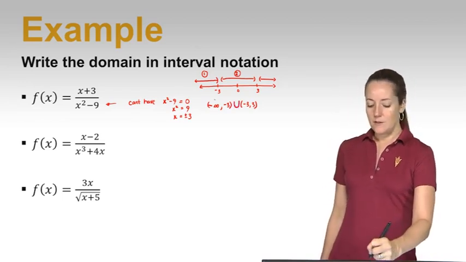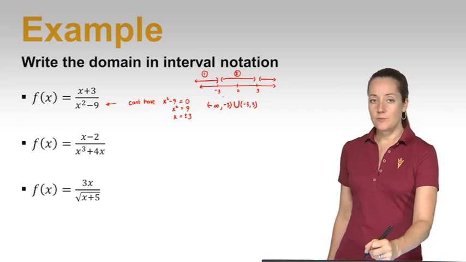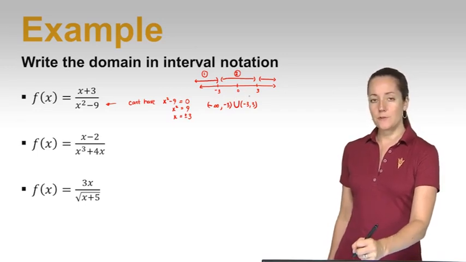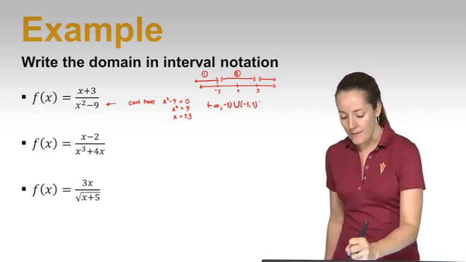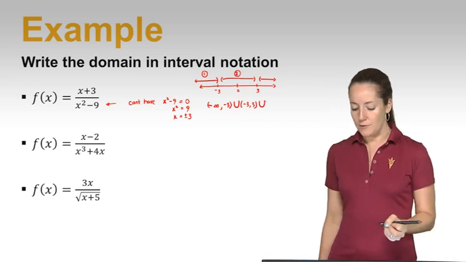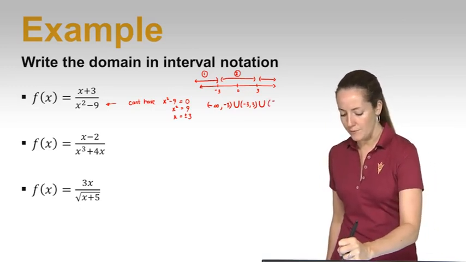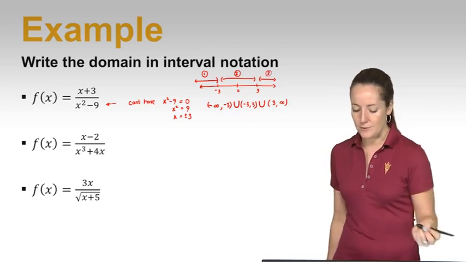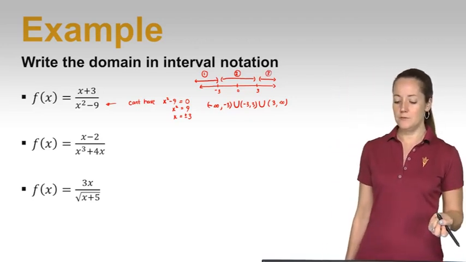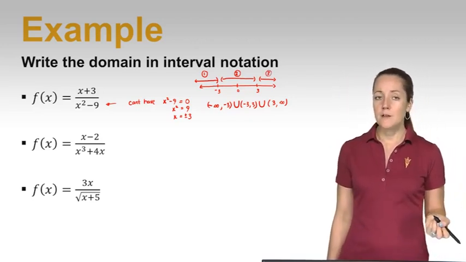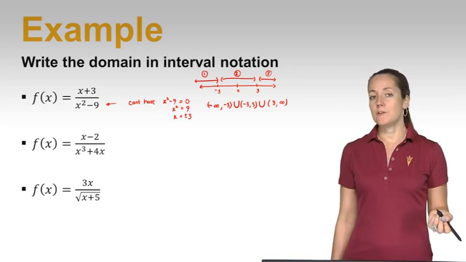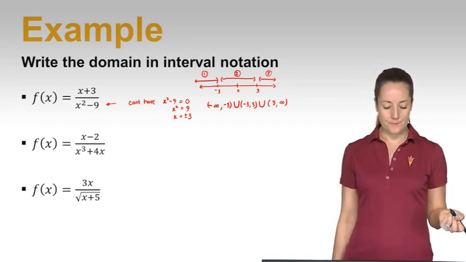This means the interval from negative infinity to negative 3, and also another interval from negative 3 to 3, and yet again another interval from the other side of positive 3 up through infinity. That's my third interval there. So there's 3 separate intervals around and between the 2 excluded domain values 3 and negative 3.